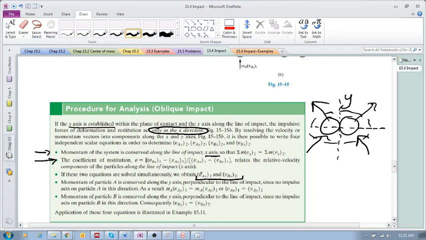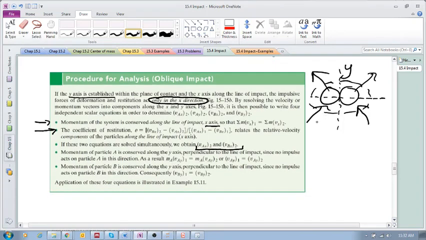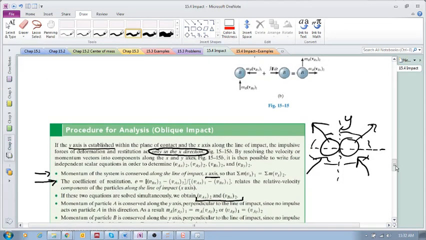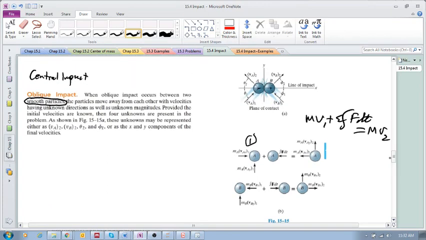Now, a couple more interesting things which are very, very important: because there is no friction, we don't have an impulse in the vertical direction. What does that mean? Guys, what does that mean? It means that the velocity, the momentum of A in the vertical direction does not change.